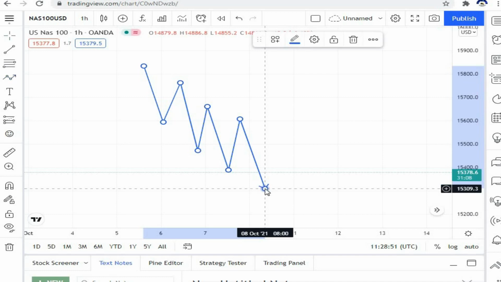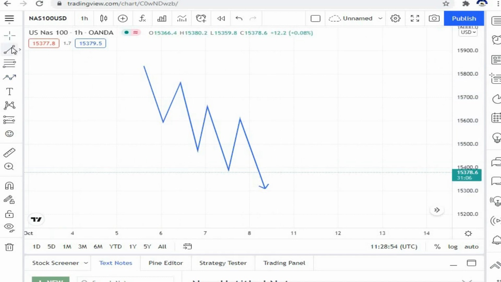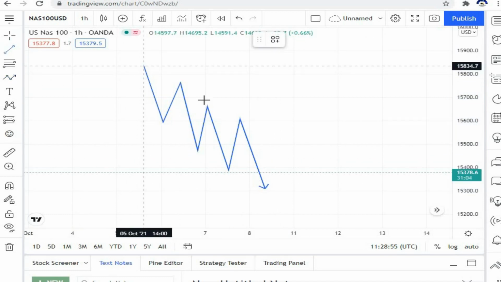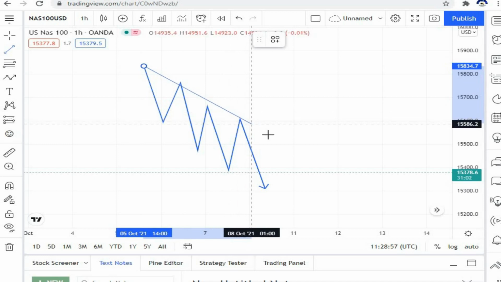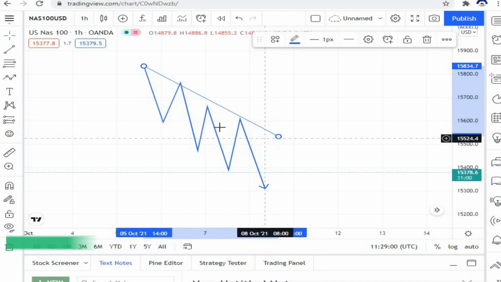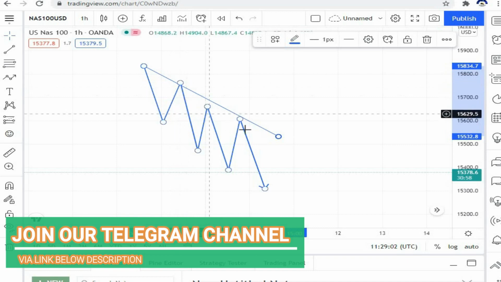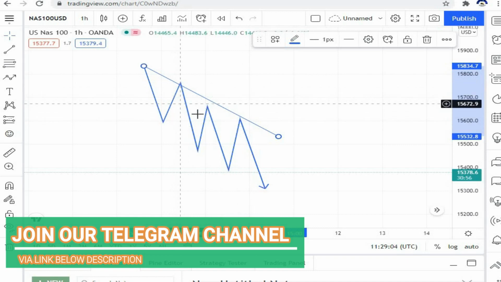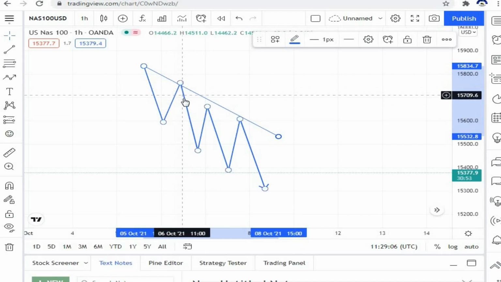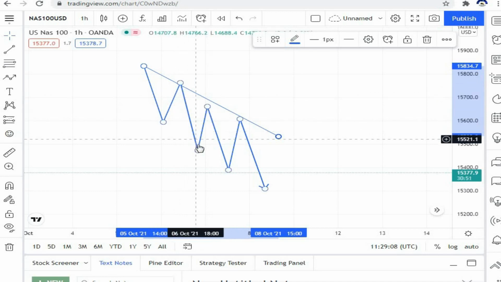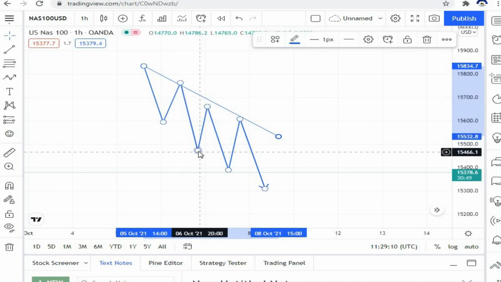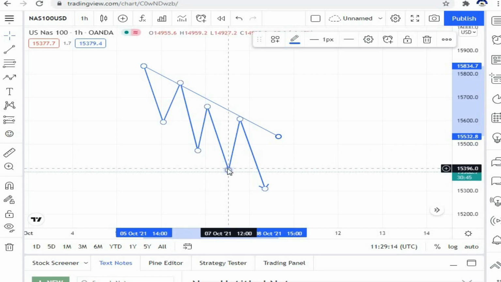Once you identify something like this, the price is just trapping those retail traders. That's why we say if you take this type of order block, your take profit is at these lower lows, as you can see, at these lower lows.